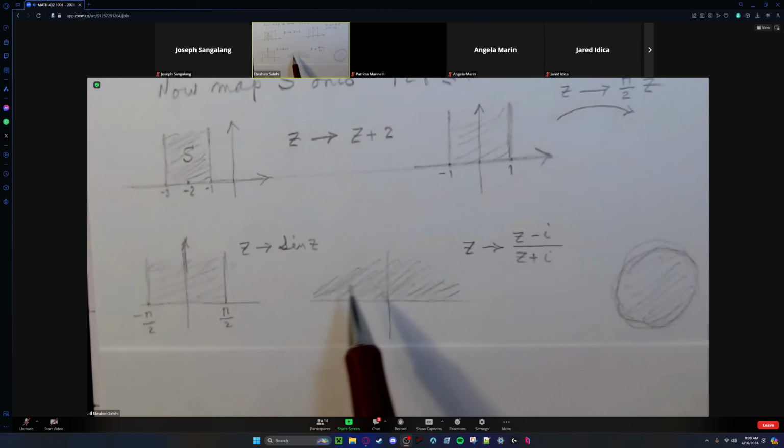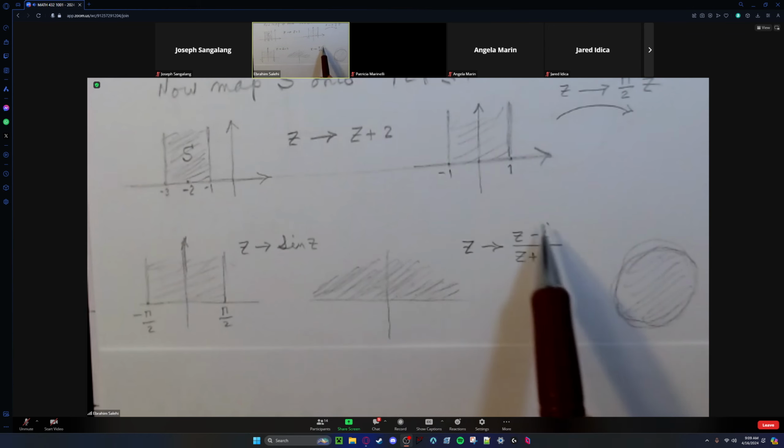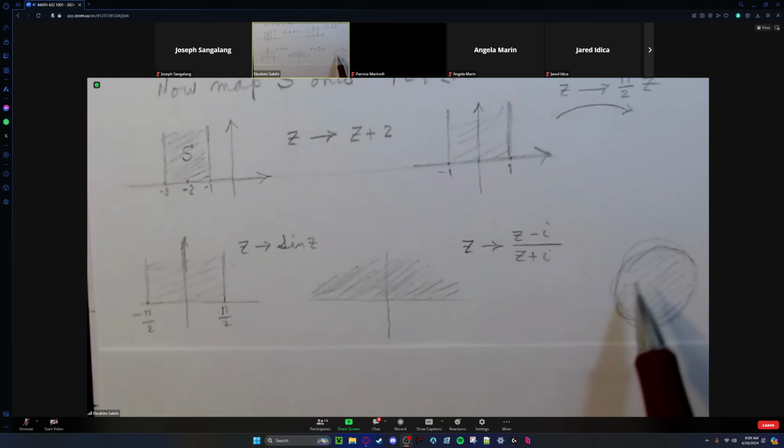And after having the upper half plane, of course, we know that this will take the upper half plane into the unit disk, okay? So you see what I'm doing right here. It's a combination of several moves, and some of them are very basic.